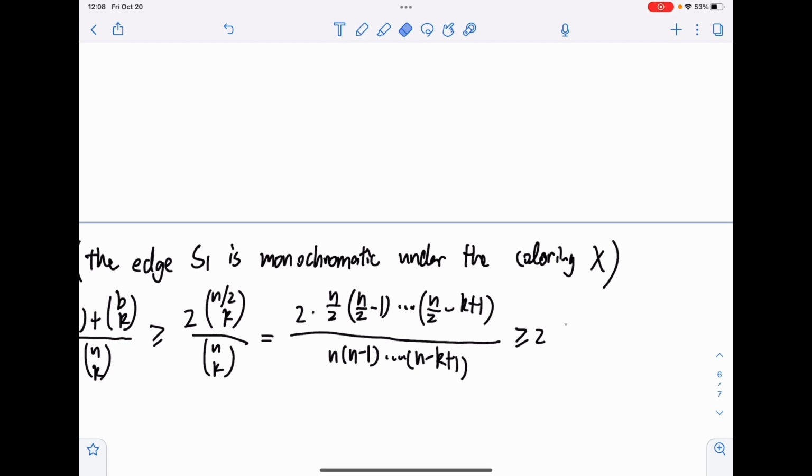Actually, this is a random edge under the coloring.